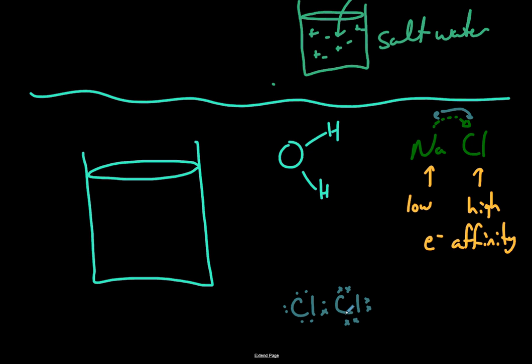Now the question is, okay, well, what happens if we get a situation where one pulls, but it doesn't pull quite hard enough to be considered truly an ionic bond or to be considered truly a full covalent bond? So what do we say there? Well, with water, what ends up happening is that oxygen is strong enough that some of the hydrogens actually go off and become ions, okay?